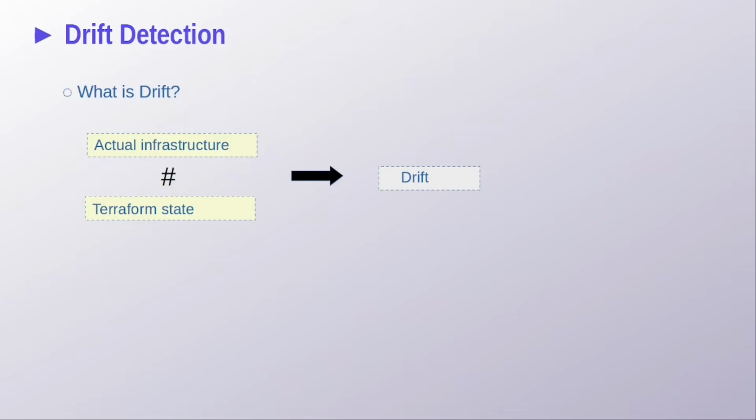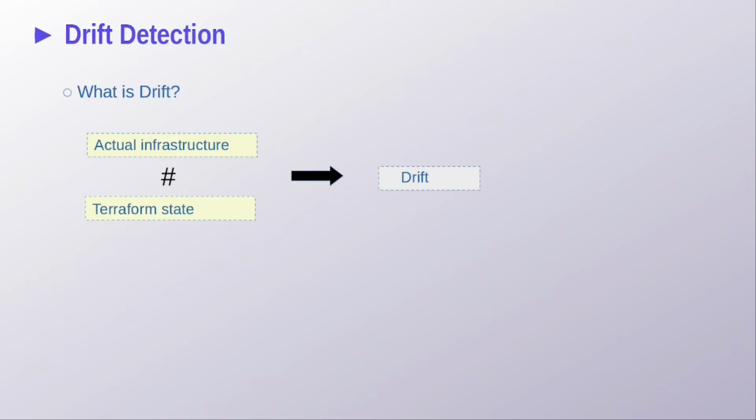Drift detection. Now let's talk about drift. What is drift? Drift happens when real infrastructure is different from the Terraform state. Common drift examples: someone deletes an EC2 instance in the AWS console, or someone changes a security group manually, so Terraform state is now out of sync.